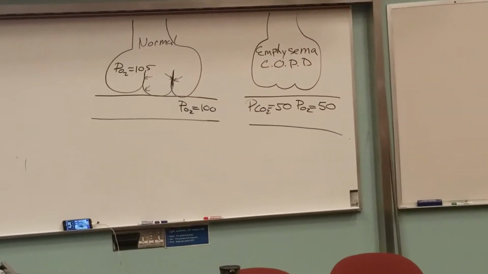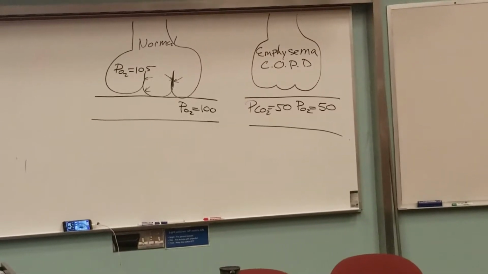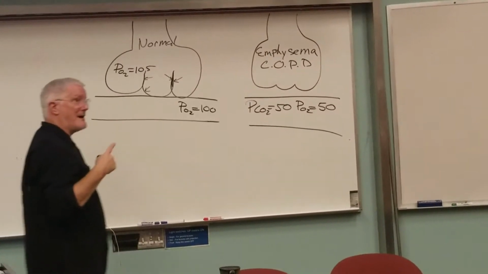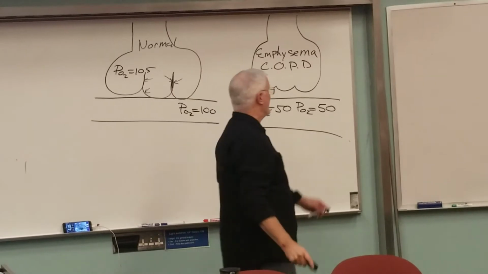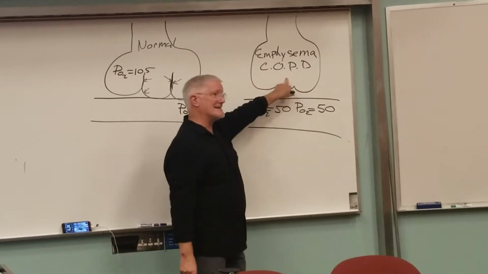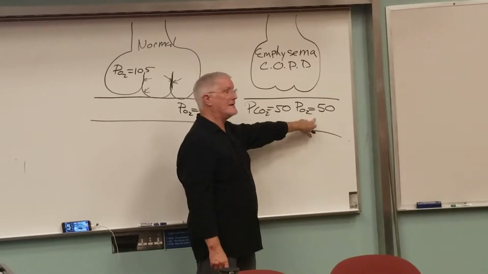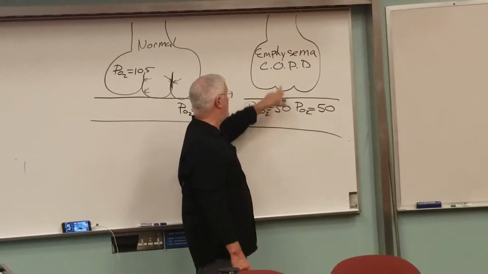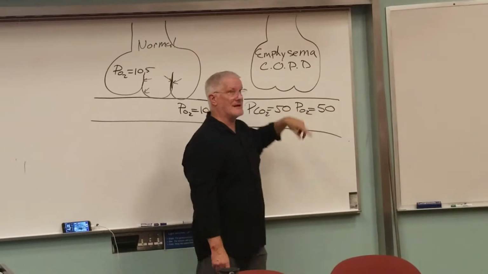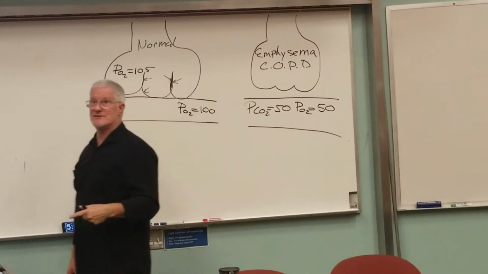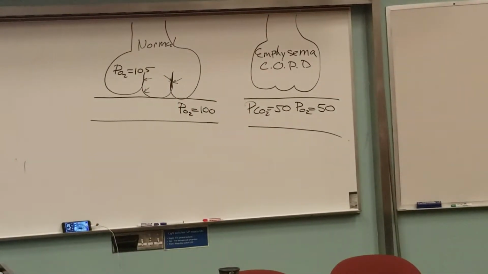What's going to happen to their pH? It's going to go down, right? So this is what makes them hypercapnic. Because they have an inability to exchange gases, their O2 levels diminish because of poor diffusion abilities. Their CO2 increases because of poor diffusion abilities. They have chronically elevated levels of CO2, which lowers their pH.